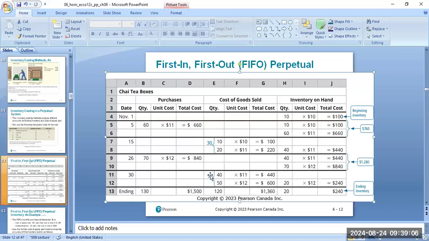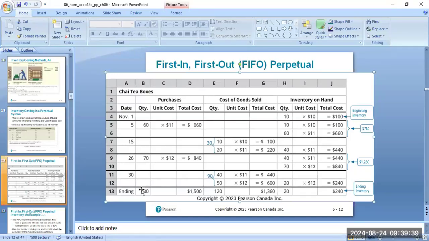Once I sell 90 of those 110 units that I have available, using first in, first out, first I sell 40 units at $11, and then the rest from my second purchase of 70 units. So I'm going to sell only 50 units of the 70 units purchased. My ending inventory is going to be 20 units left.